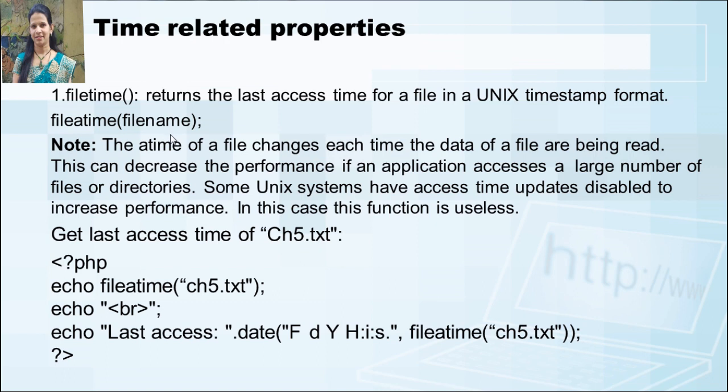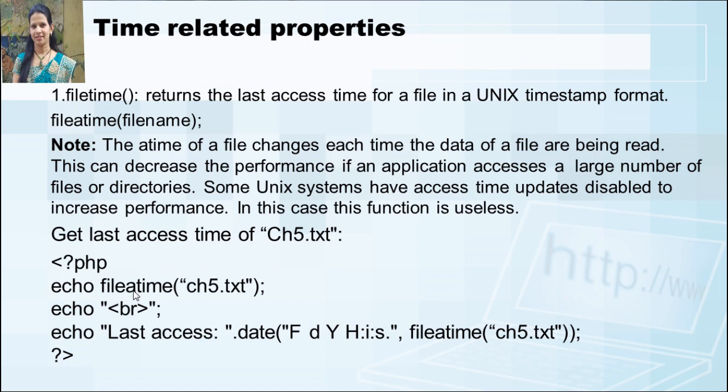It returns the last access time. What will it return? The last access time for a file in Unix timestamp format. It will take your system time, so it will use your system clock. See, get the last access time of the file ch5.txt.